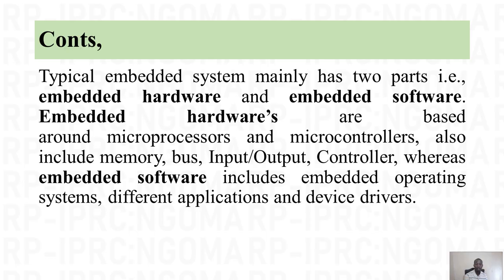Embedded hardware is based around microprocessors and microcontrollers, and also includes memory, buses, input or output systems, and controllers, whereas embedded software includes the embedded operating system, different applications, and the drivers.